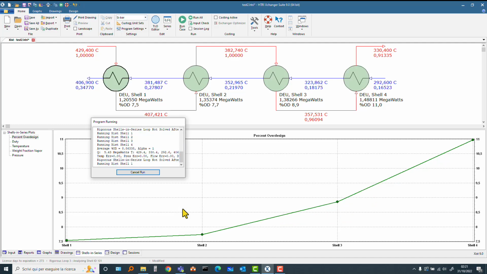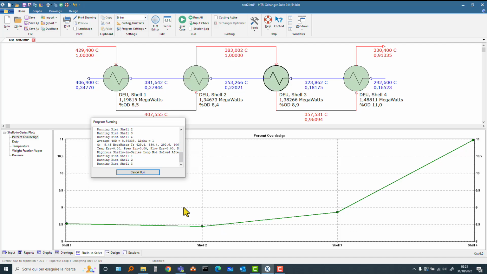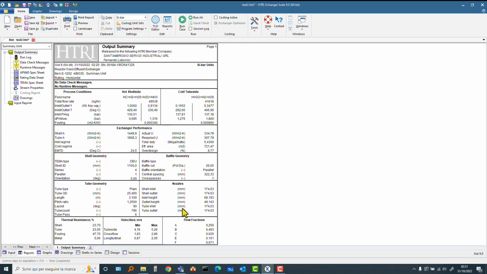Now we have almost arrived at the end. Okay, now we have the over surface slightly decreased. The pressure drops are always acceptable. Maybe on the shell side we could increase the number of baffles.